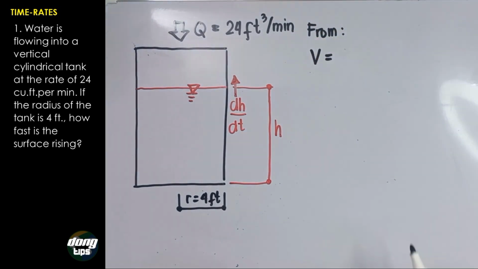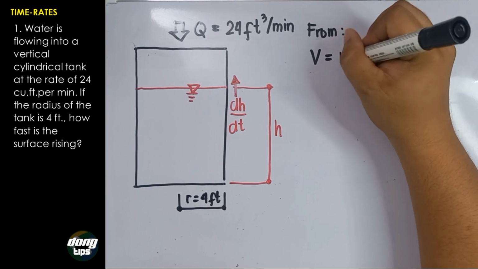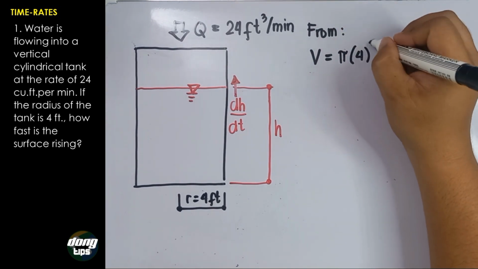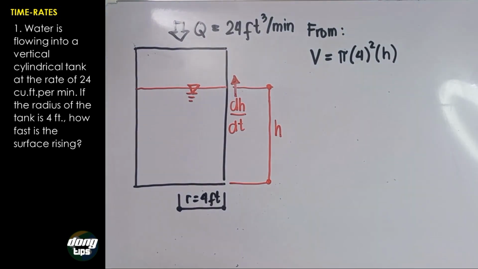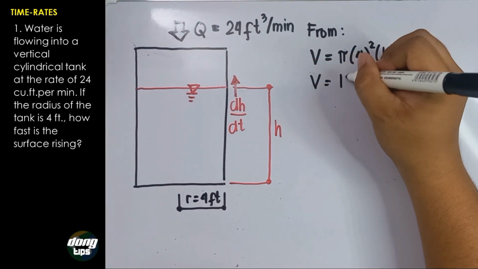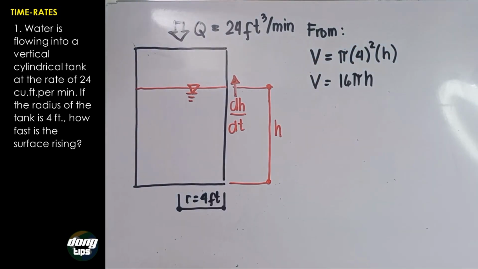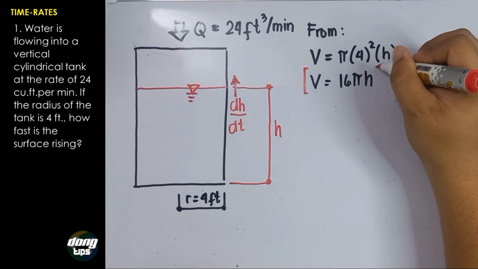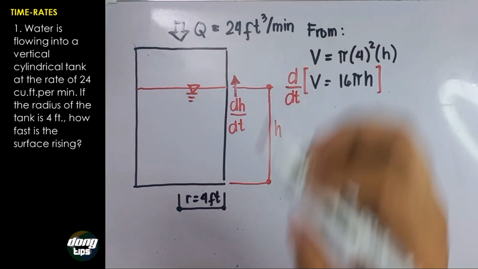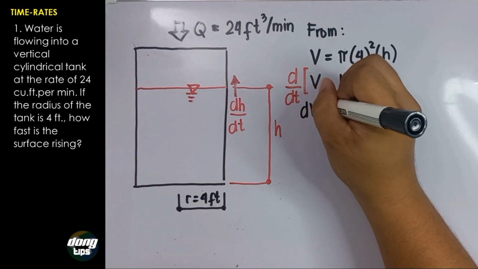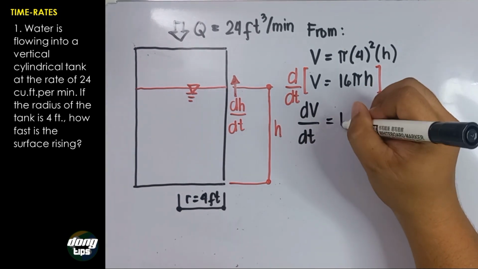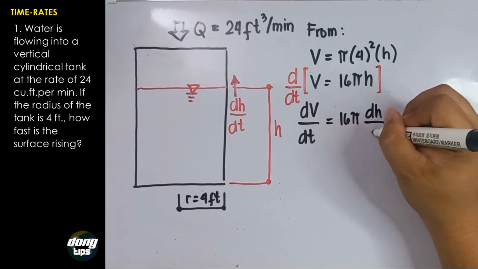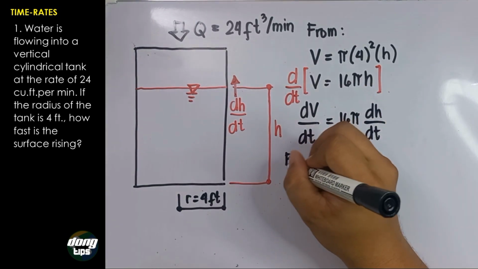Important tips to remember in dealing with time rates: determine the items that are constant and variable. In this problem, radius is constant, while the volume and height of water are variable. And we have the volume of water at any time is 16 pi h. Derive the equation with respect to time, and that is dv over dt equals 16 pi dh over dt.